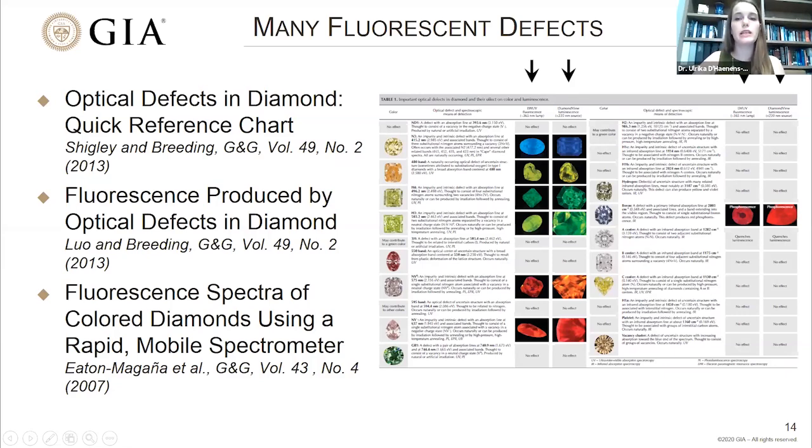If you are interested in the lighting that you use, the UV lighting and its effect on exciting different types of defects in diamond, the article by Lu and Breeding is looking at the fluorescence produced by these optical defects and showing some of the spectra. And then finally, we have this article by Dr. Ita Naganya, who is then looking at the fluorescence spectra on a lot of these fancy colored diamonds.